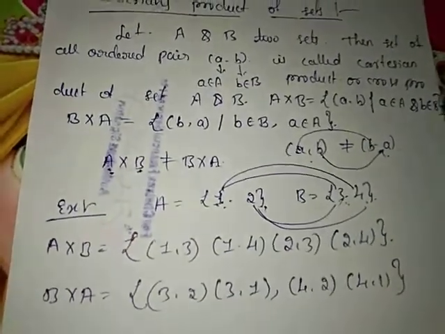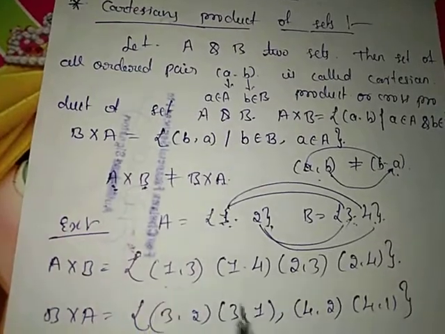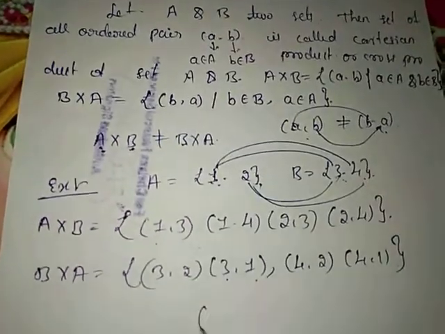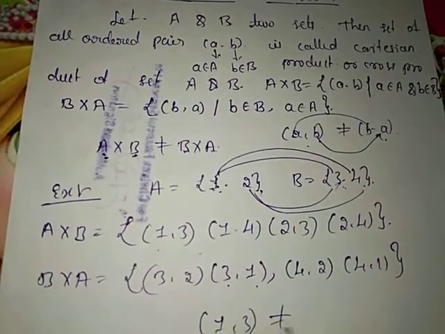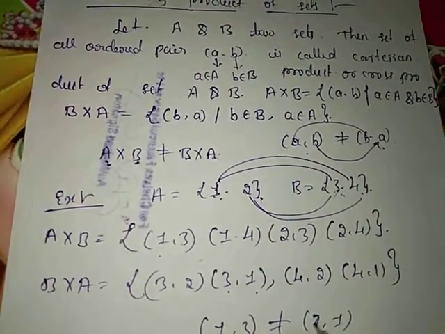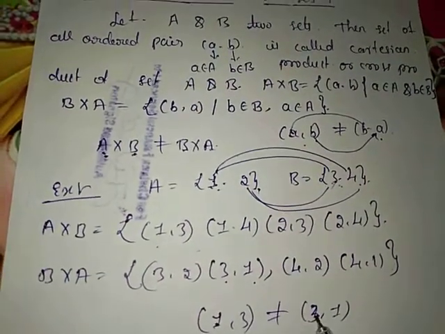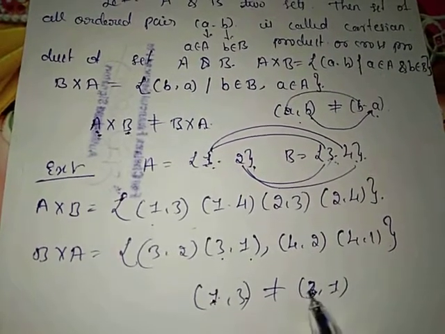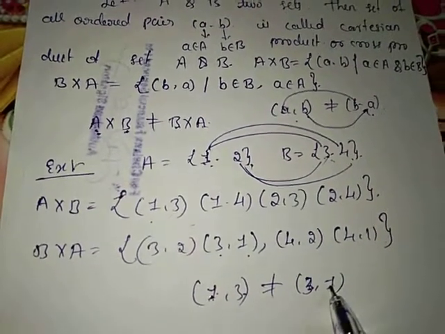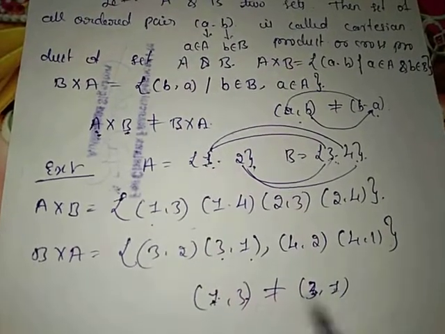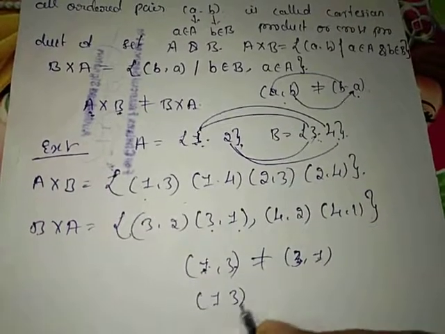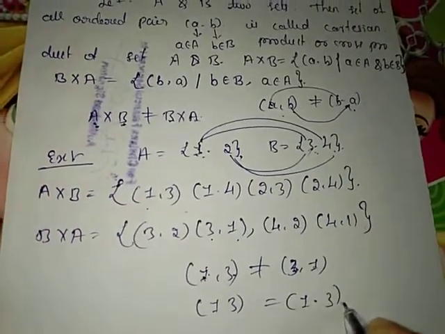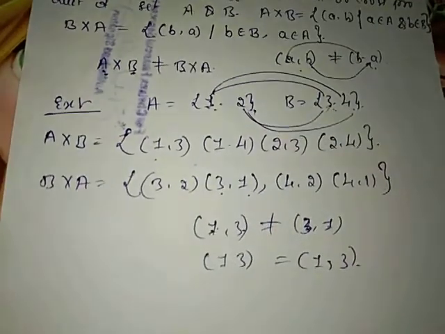Here you can see that (1, 3) is not equal to (3, 1), since 1 is not equal to 3 and 3 is not equal to 1. In an ordered pair, the respective first elements and second elements must be the same; then only can we say the ordered pairs are equal. (1, 3) is equal to (1, 3) only.